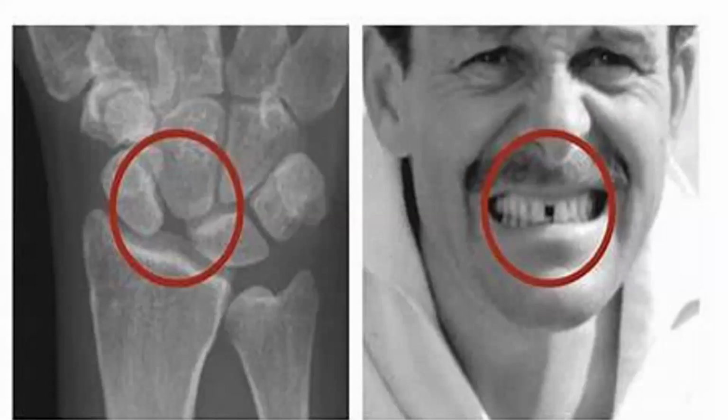Look at this slide. You see the gap between the scaphoid and the lunate. And look at Terry Thomas, between both teeth, the gap. It looks like a scapholunate separation of the teeth.